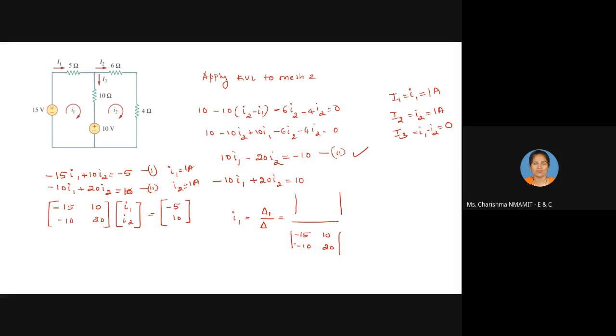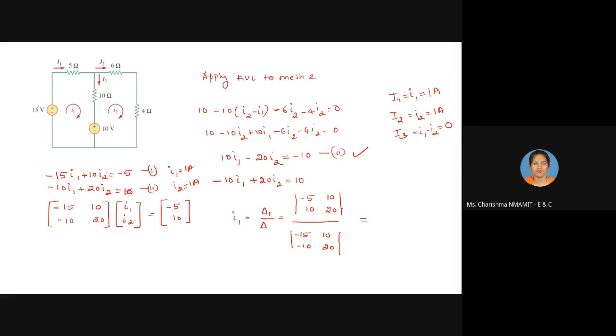In this delta, you replace the first column by the right hand side coefficient, that is minus 5 and 10. The second column you write as it is. Now this determinant, if you solve delta 1 by delta, it will give you the value of I1. So can you tell me what is delta 1?